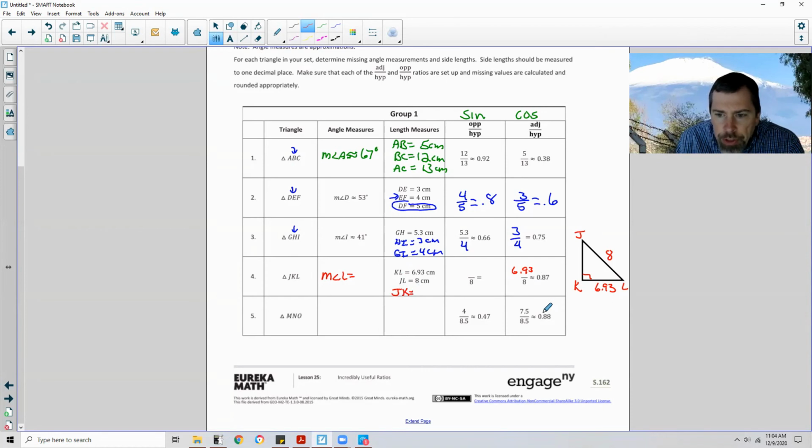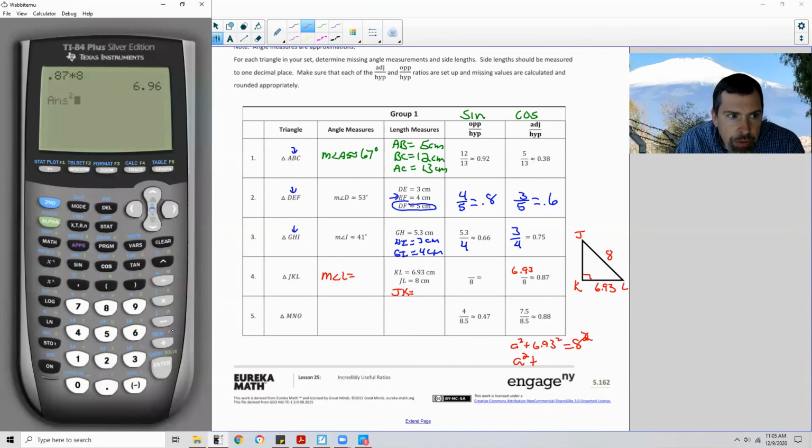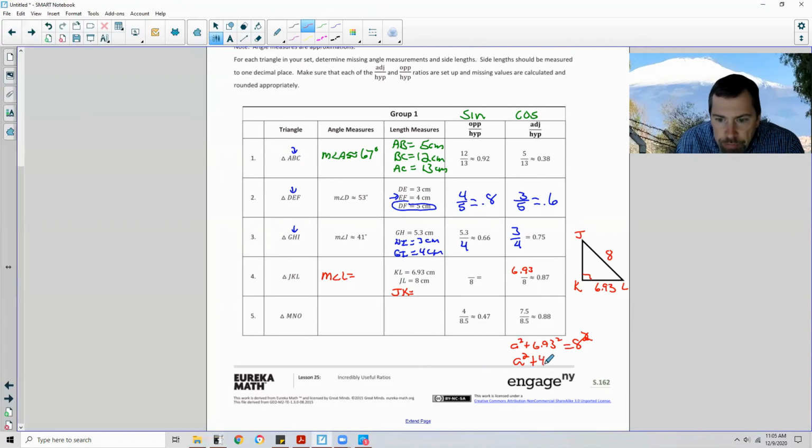Okay, and this one I'm going to do the Pythagorean theorem. So JK is my A squared. So A squared plus B squared, 6.93 squared, has to equal 8 squared. Okay, 8 squared. I was thinking 64 in my head and I wrote a 6. A squared plus, and if I take that 6.93 and square it, I get 48.44.